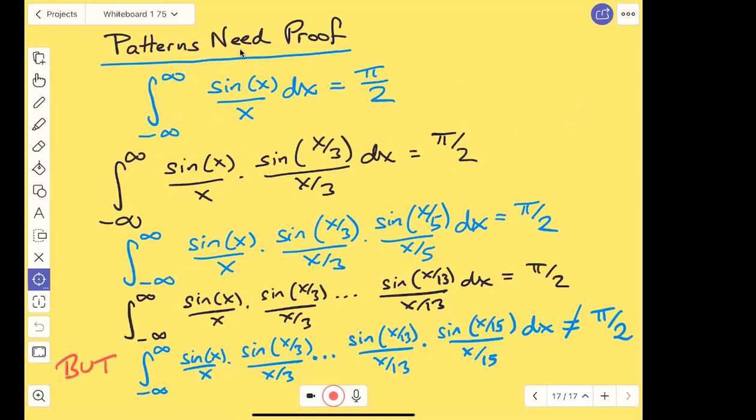When you add up to 1/13, it's just under 1, plus a 15th, you go over 1. So the conditions that are built into any attempt to prove this are no longer valid. But I think anybody, the first time they see this, after you've seen all of these examples, you'd be convinced it was pi over 2, wouldn't you?